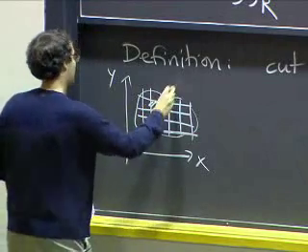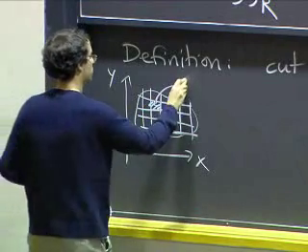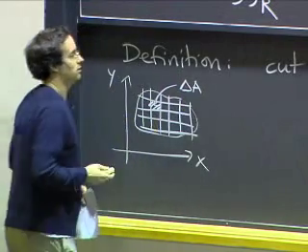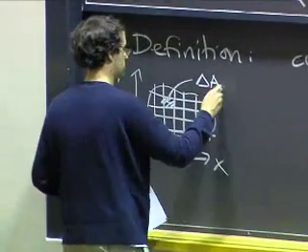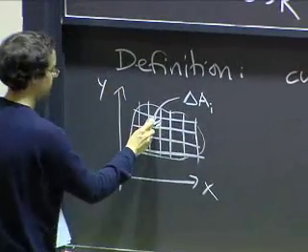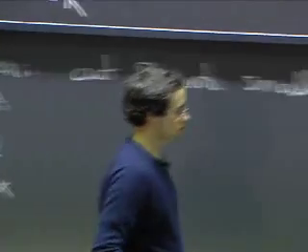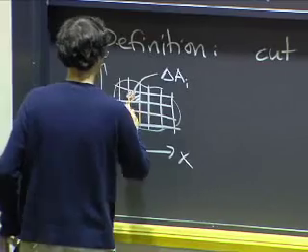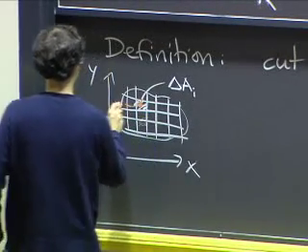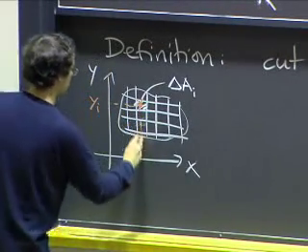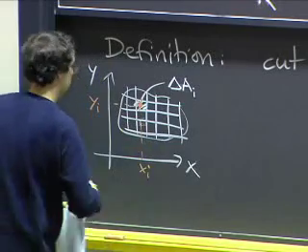Each small piece will have area delta A_i, and it will be at some point, let's call it (x_i, y_i).